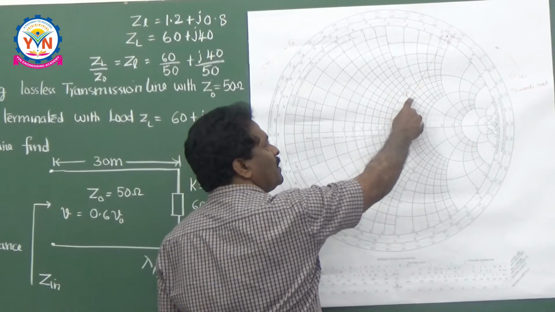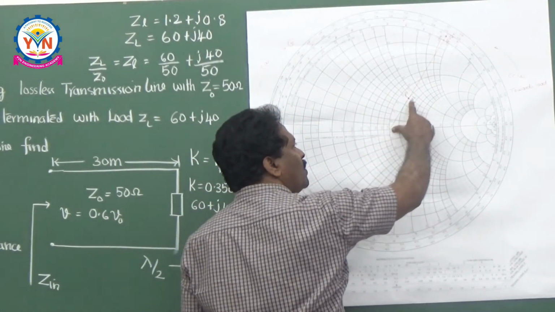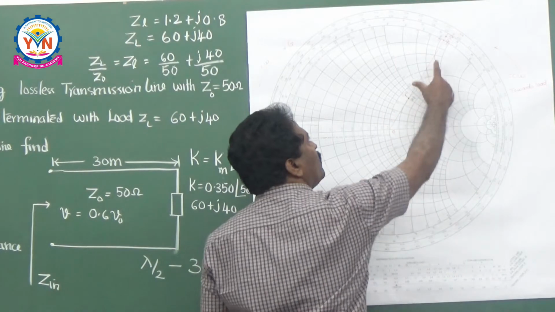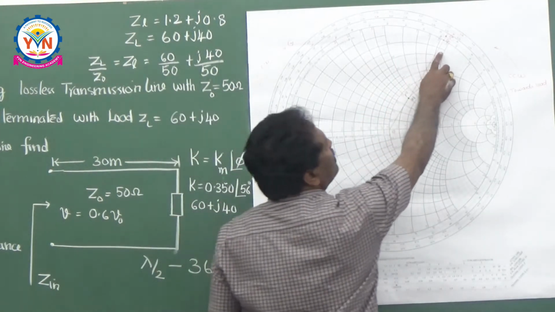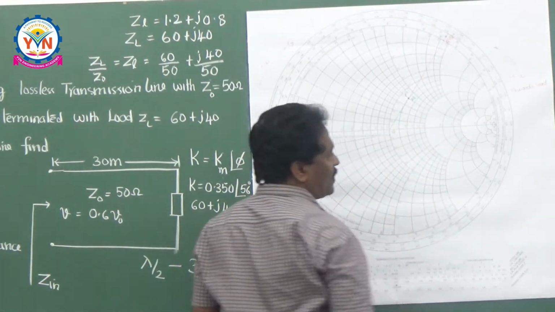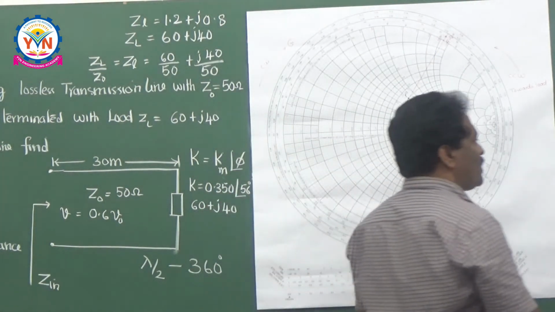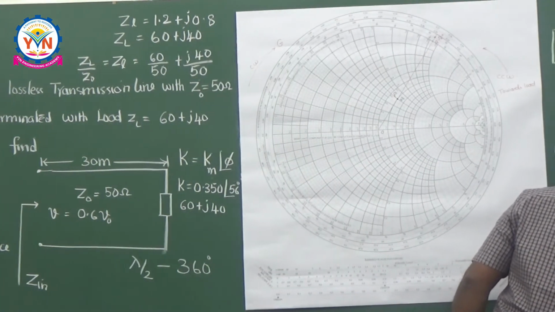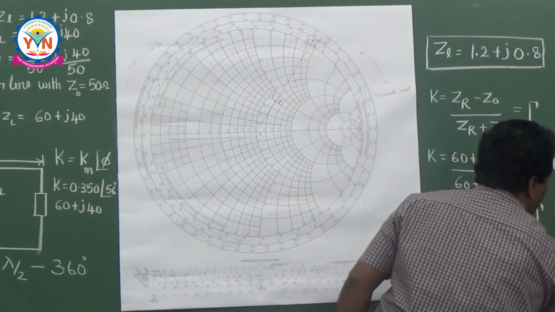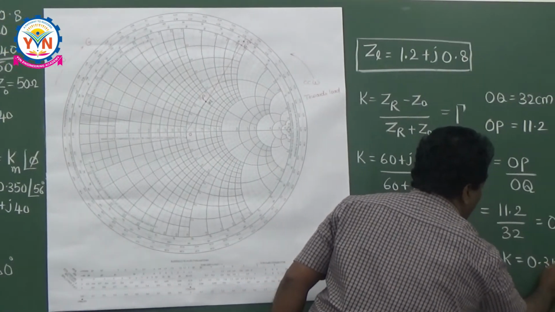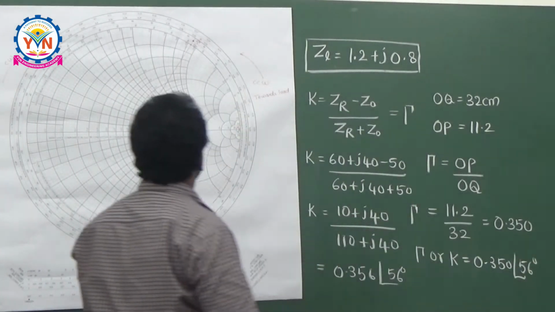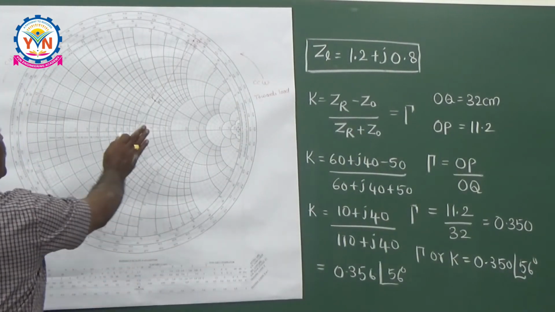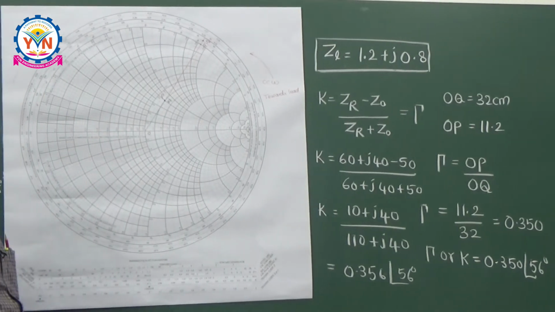Identify this point, use your scale to get the values of OP and OQ, and the ratio is the reflection coefficient, and where it touches on this scale gives 56 degrees. That's why K is equal to 0.350 at an angle of 56 degrees. Simple. This is the way of calculating the reflection coefficient.